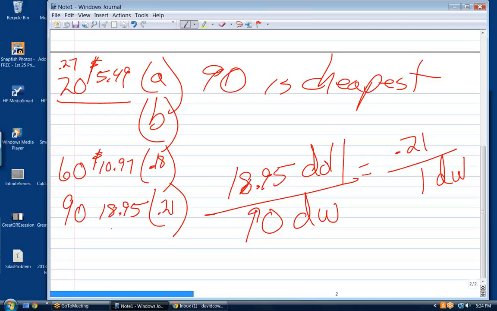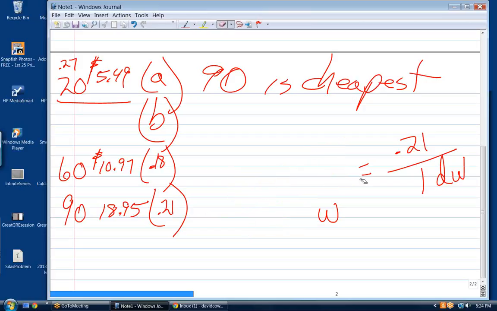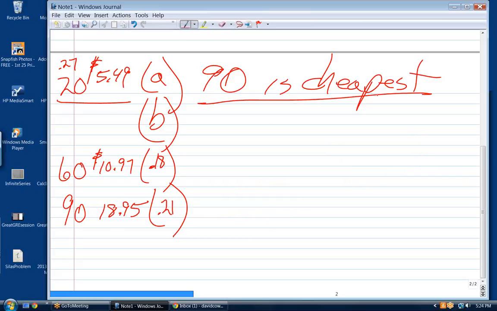Yeah, so they cheated. Well, it just made our first assumption wrong. In other words, when we assumed that the 90 was going to be the cheapest per unit, you're not always right with that. I'm glad they did that, because you can't always assume that that's the case.